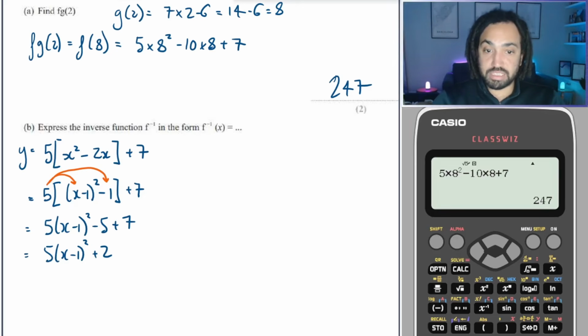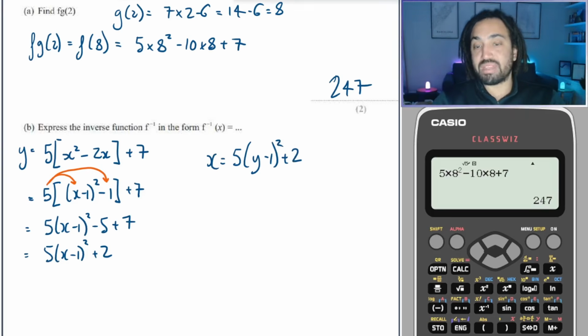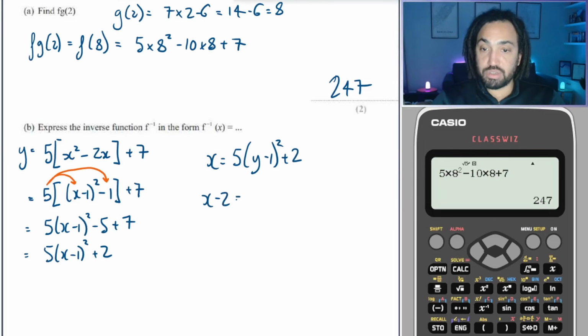Let's swap over the x's and the y's. So we get x equals 5 times y minus 1 all squared plus 2. And now let's make y the subject in order to find the inverse function. So I'm going to take away 2 from both sides. I'm going to divide through by 5.